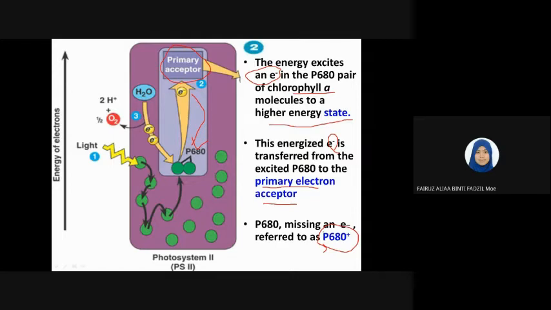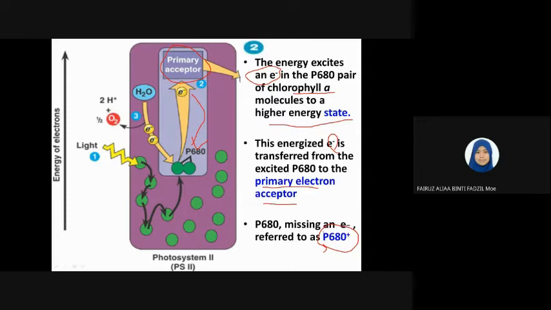Next, because they are now missing an electron, this electron hole needs to be refilled, needs to be replaced, so that P680 plus will be reduced back to P680.